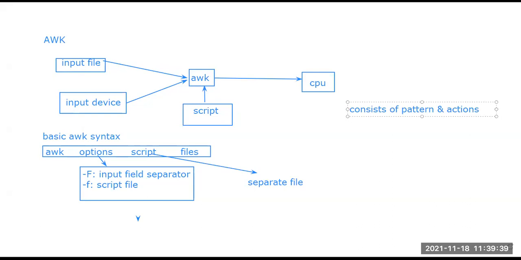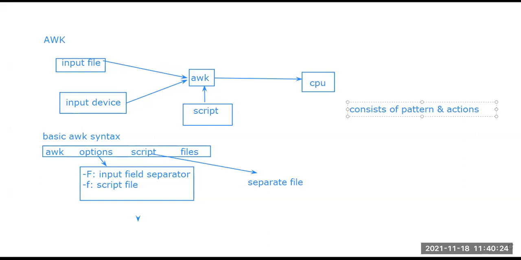First, it scans a file line by line, then splits each input line into fields, compares the input line or fields with the pattern, and performs actions on the matching line. So first it reads the whole file line by line, matches what is required with the pattern, and then performs the action with respect to the pattern.